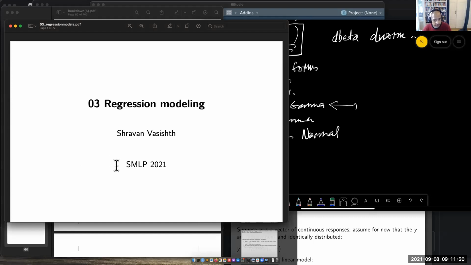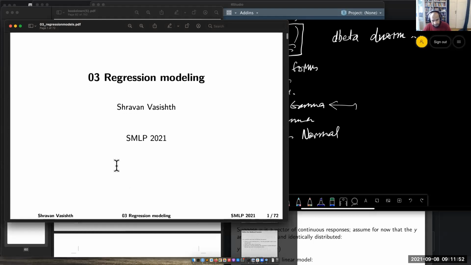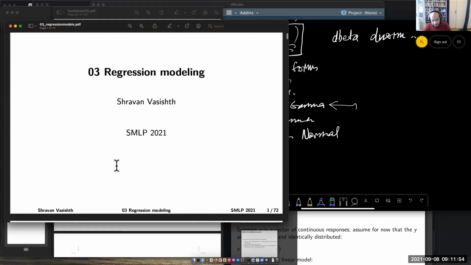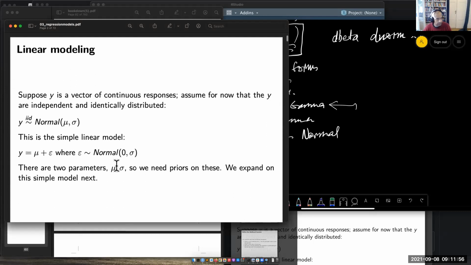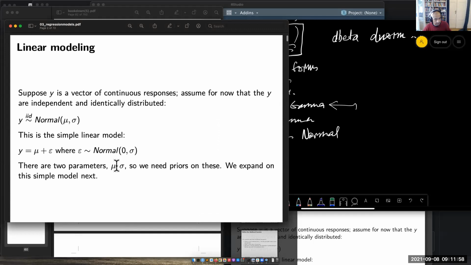So regression modeling, you can see this now, right? Yes? Okay. So what we are going to talk about today is a simple linear modeling situation where I've got a vector of independent and identically distributed data. In statistics, we write it like this: y tilde, and then the likelihood function that is assumed to generate the data.